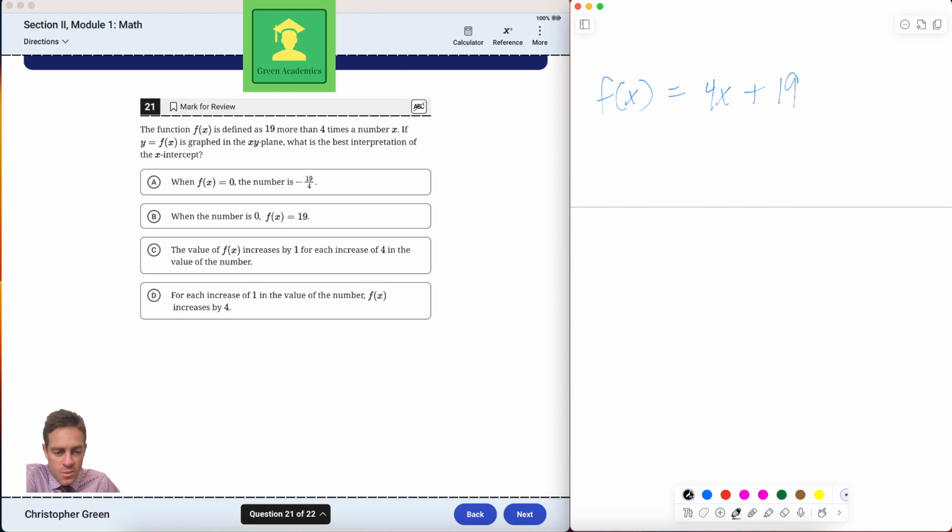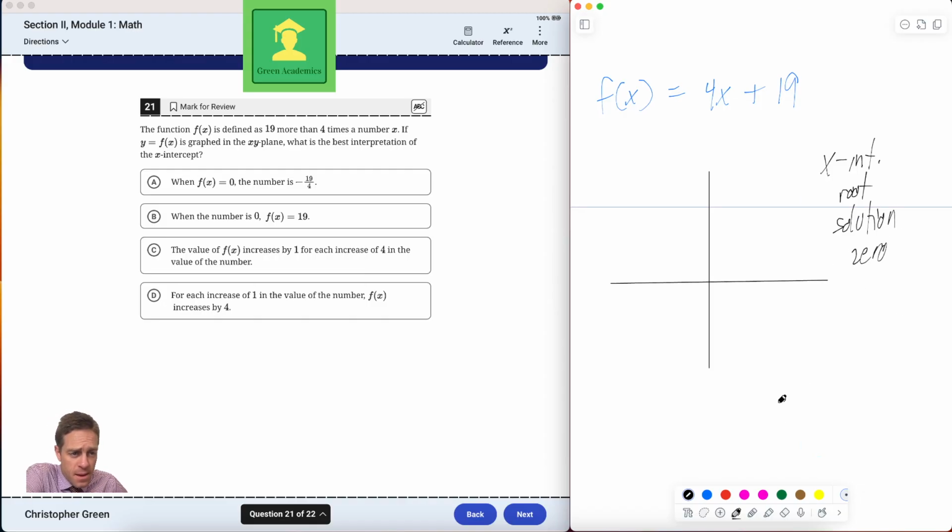An x-intercept, again, also known as a root or a solution or a zero, is the thing that makes it true that y is 0. So with 4x plus 19, the y-intercept is 0, 19, and there is a positive upward slope of 4.